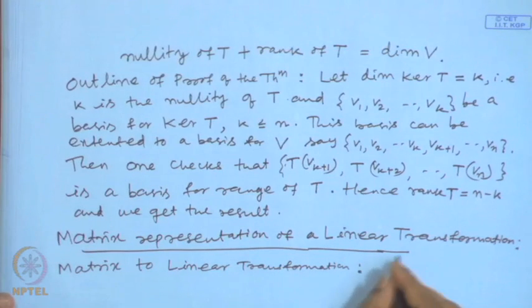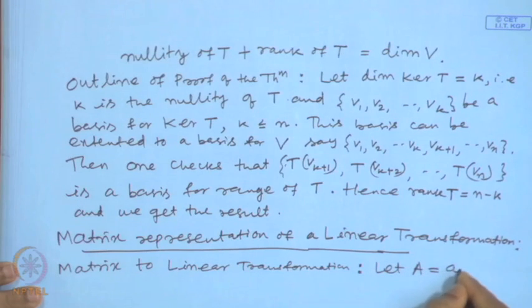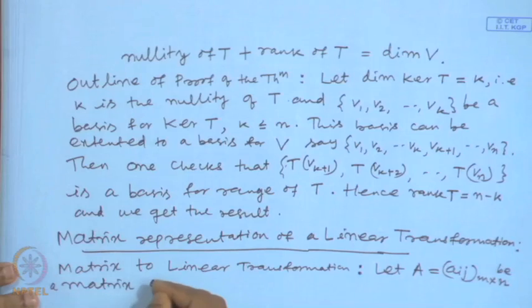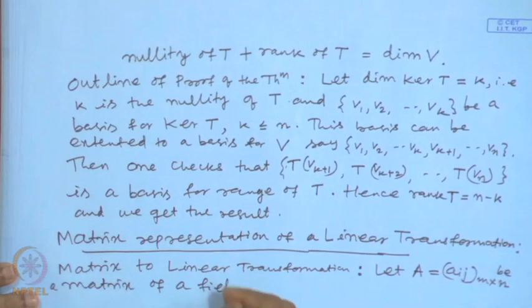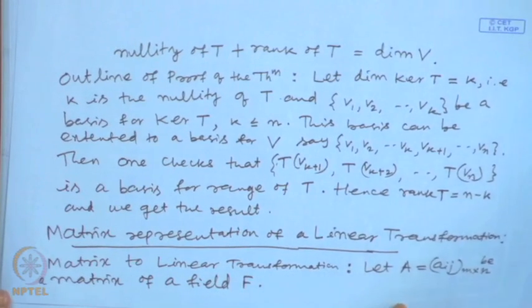Here we have an m by n matrix. Say A with entries a_ij is an m by n matrix, let A be a matrix over a field F. Then we will find a linear transformation associated with this matrix.